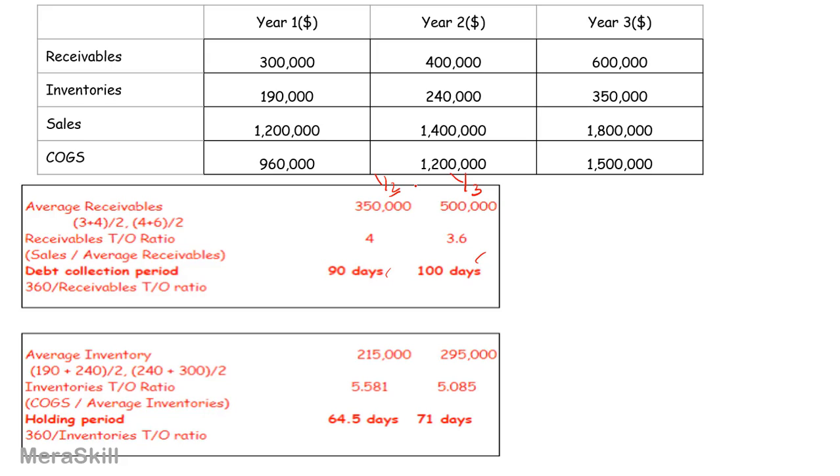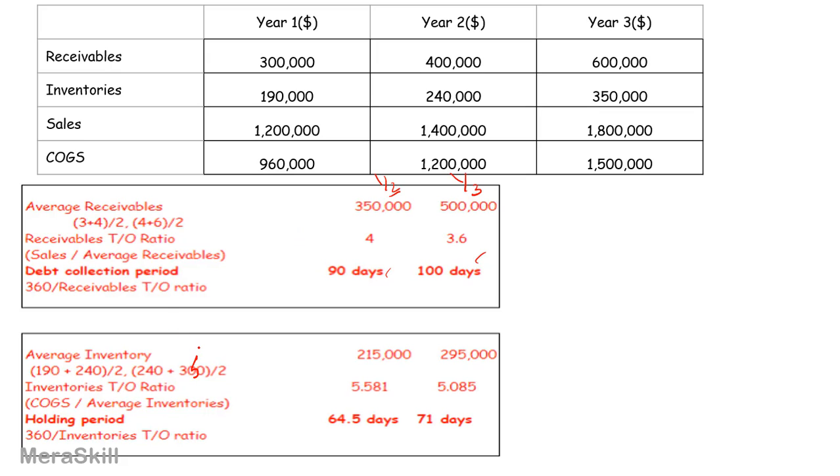If you want the inventory turnover ratio, you take the average inventories year 1, 190 plus 240 divided by 2, 240 plus 350 again divided by 2. This should have been 240 plus 350 as far as I can see.